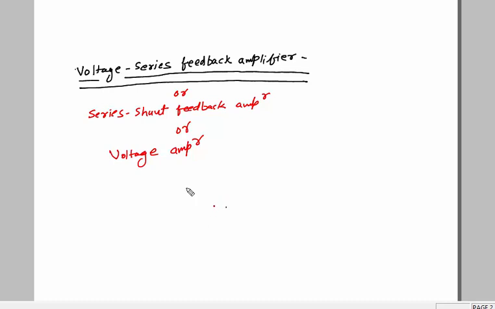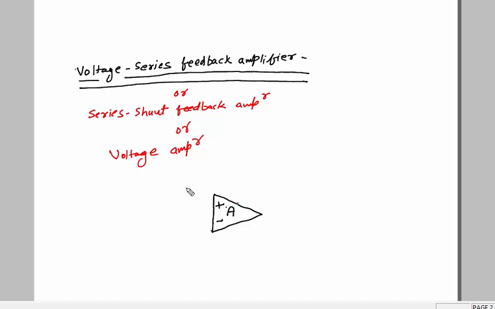Here we have an op-amp which has an open loop gain A, meaning A is the gain without feedback. It has two terminals, positive and negative, or non-inverting and inverting terminals.